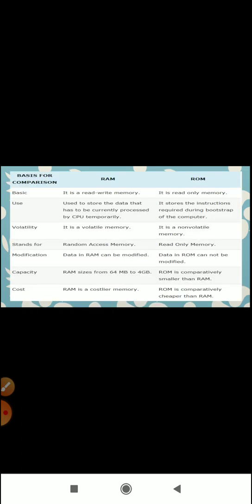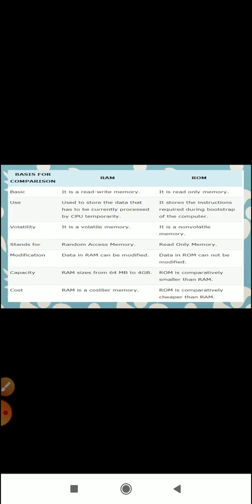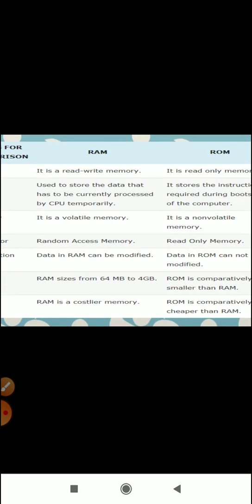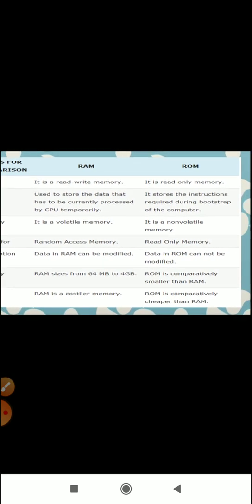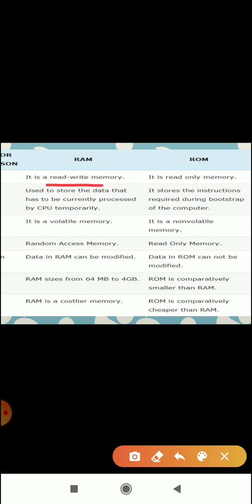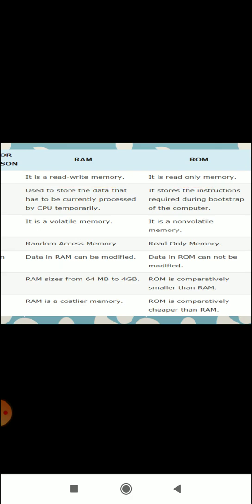Now, the comparison between RAM and ROM. Look, children. RAM is read-write memory. ROM is read-only memory.